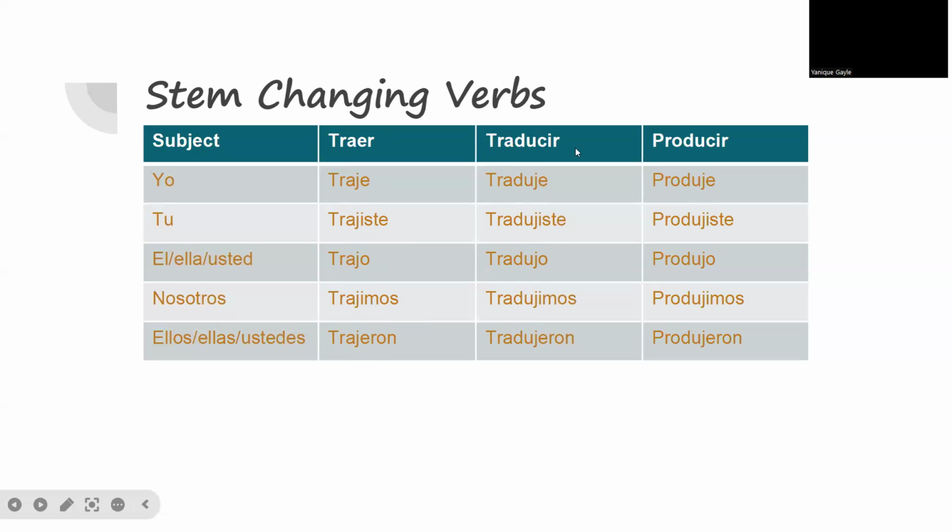Traducir means to translate. Traduje, tradujiste, tradujo, tradujimos, tradujeron. And then we have producir, which means to produce. Produje, produjiste, produjo, produjimos, produjeron.